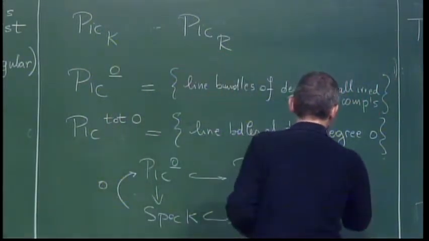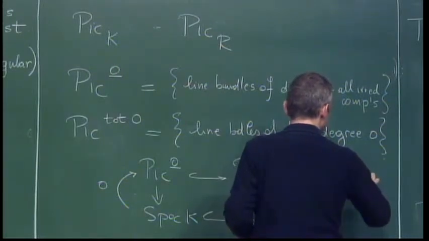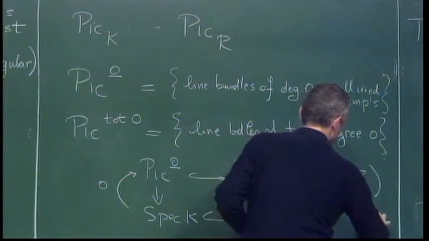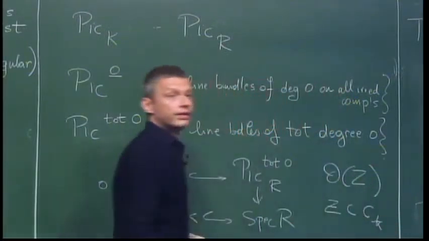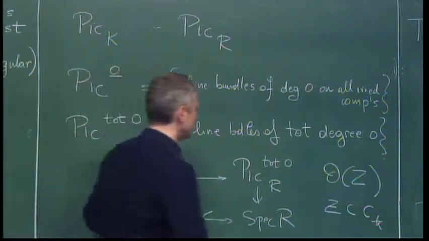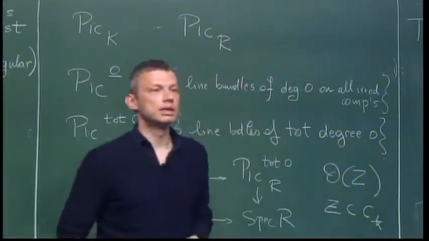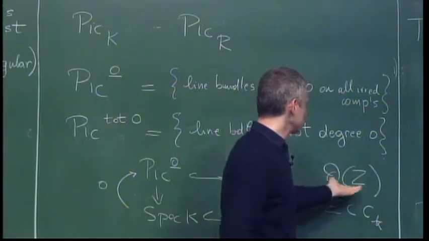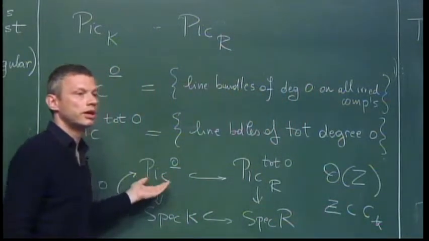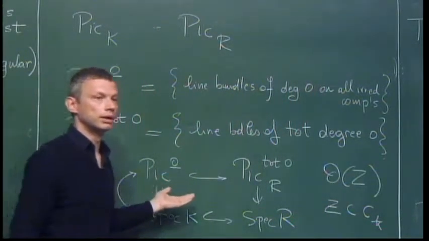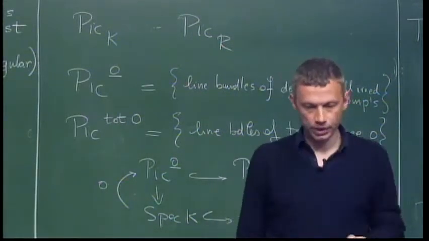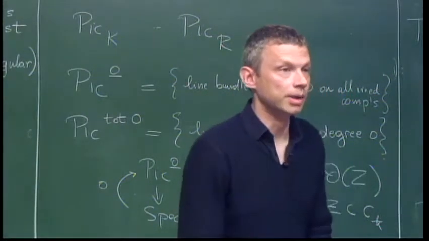Take any irreducible component within a subcurve of the special fiber and consider the line bundle given by twisting by this Z. Z is a divisor inside the surface. Okay? So this line bundle restricts to the generic fiber as the trivial line bundle. But it's not trivial on the special fiber.